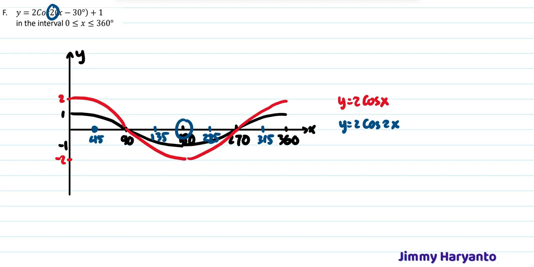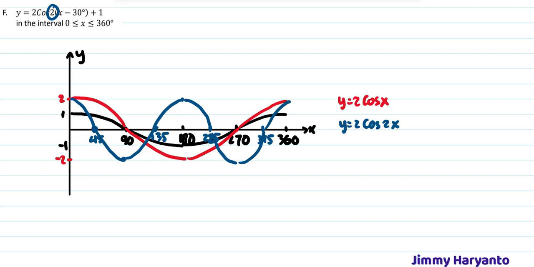This point, which is 180, divided by 2, will become 90. And this point 270 divided by 2 is 135. This point 360 divided by 2 is 180. So the curve will be like this. It's narrower, but we cannot stop right there. We have to continue like this. Okay, so that is 2 cos 2x.